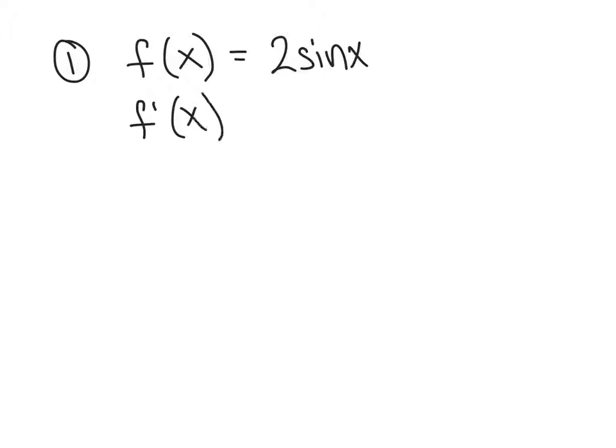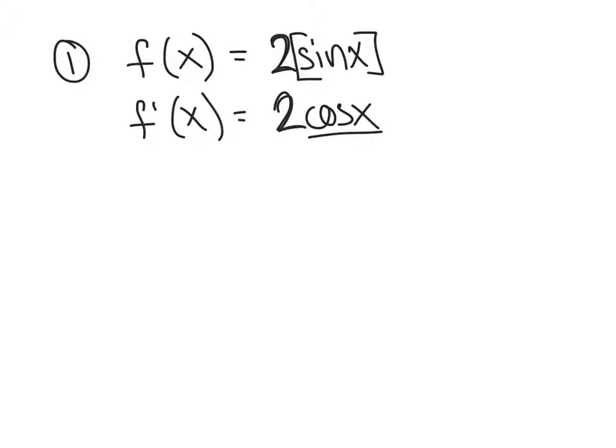We're going to look at 2 quick examples here. Example number 1, let's say I gave you a function such as 2 sine of x. The derivative would simply be 2 cosine of x. So basically you're saying, here's the function, its derivative is cosine, and the coefficient that I attach to that sine function just attaches itself to the derivative.